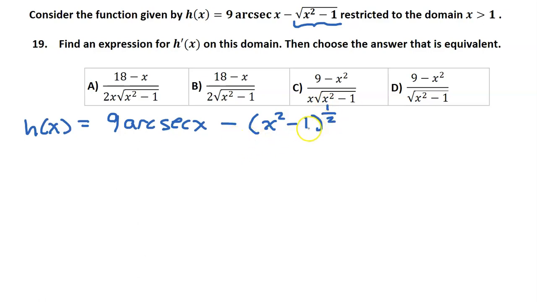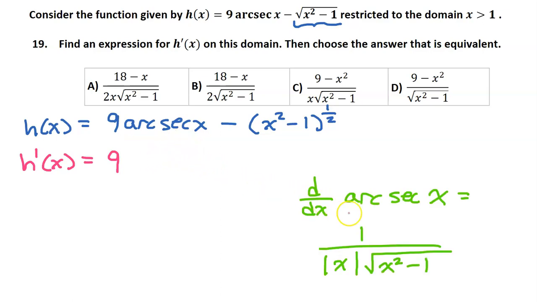So this would be the same as the 1/2 power. So if I want to take the derivative, so I want to do h prime, I'm going to just take the derivative one term at a time. And in fact, when you take the derivative and you see a constant in the front, that constant can just sit there as you take the derivative of whatever comes next.